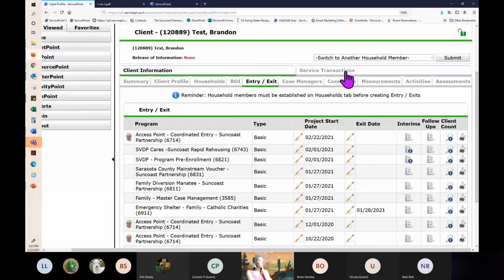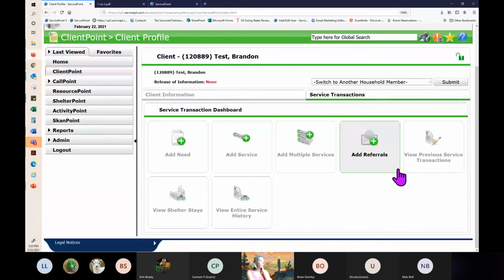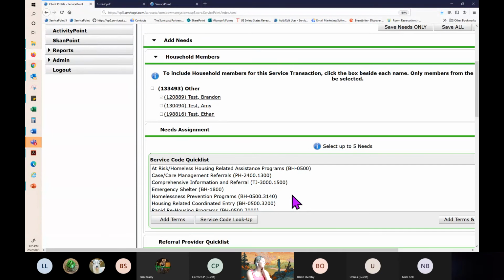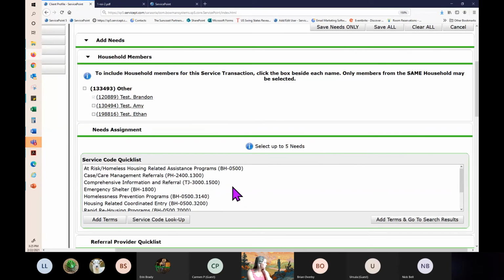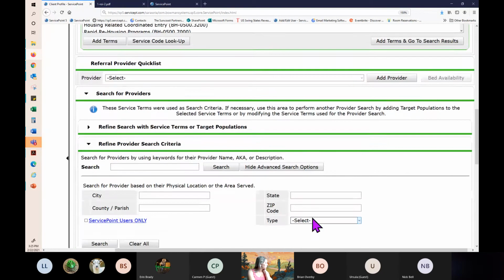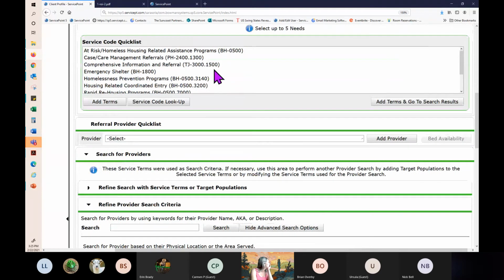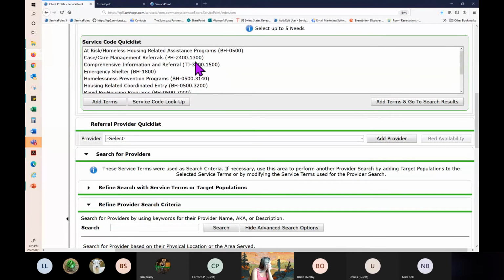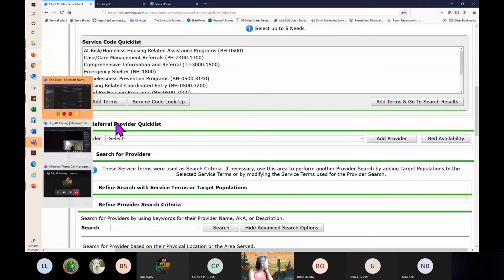Service transactions, add referral, just the head of household. I don't know, it should have listed.